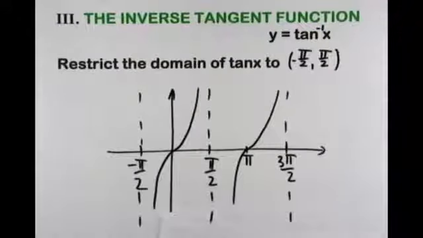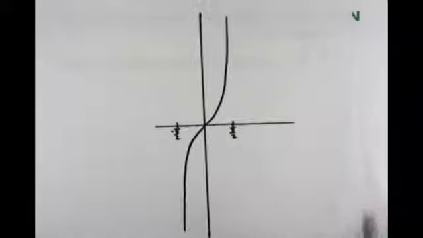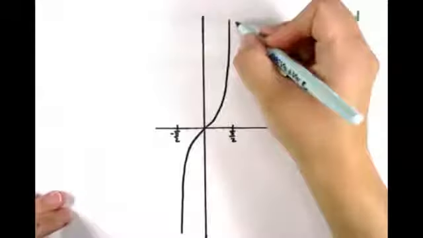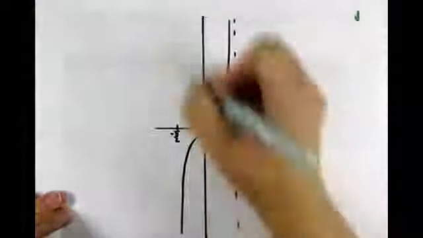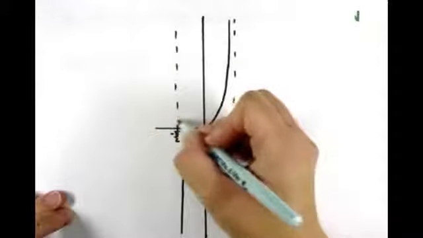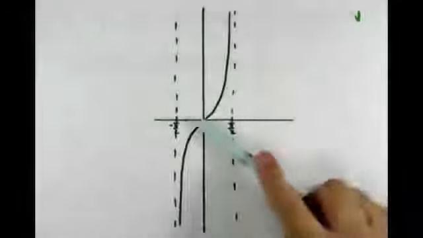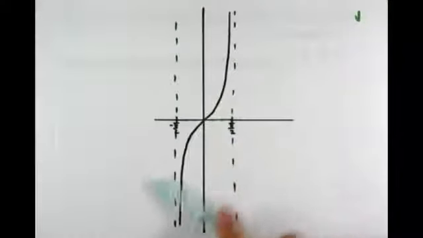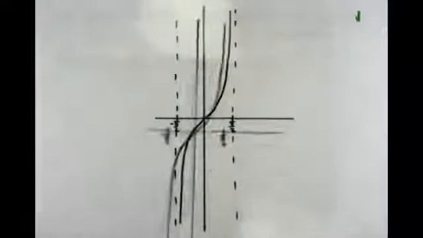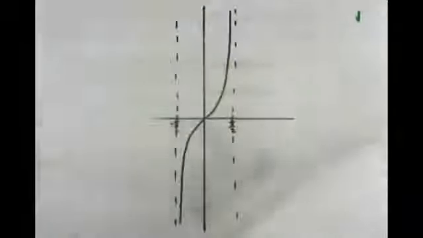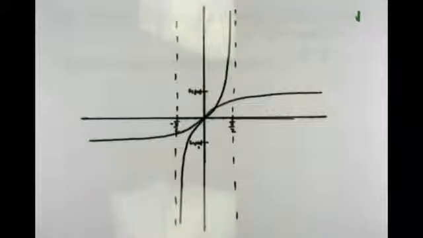Okay, so we do consider just one part of this graph for tangent inverse, and those are my asymptotes at pi/2 and -pi/2. And now we do need to reflect this by the line y is equal to x. So that was my original graph, and now I need to reflect by y is equal to x, and that's my graph.